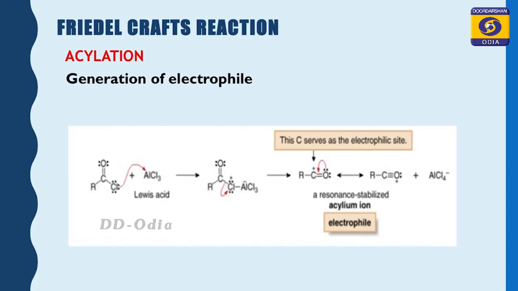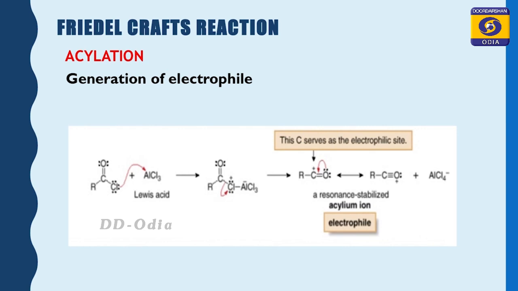So, under the attack of AlCl3, the Lewis acid, it goes with it and takes the electron pair which it shares with CH3. So, CH3 is left as CH3 plus, and Cl minus combines with AlCl3 giving AlCl4 minus.